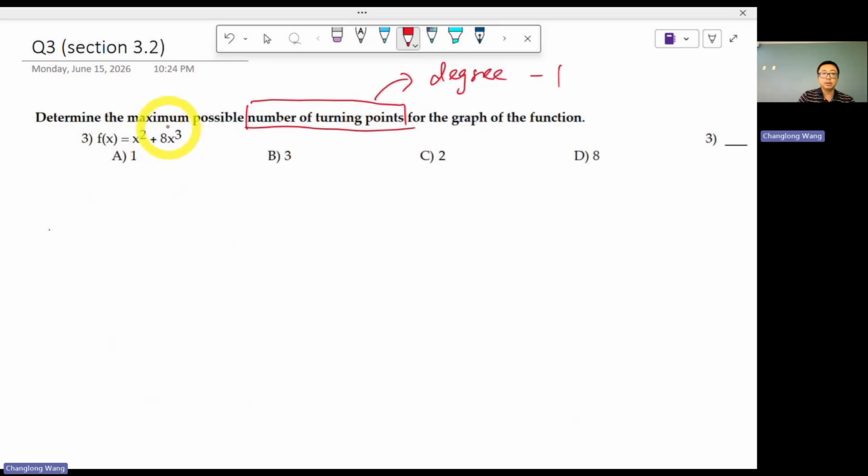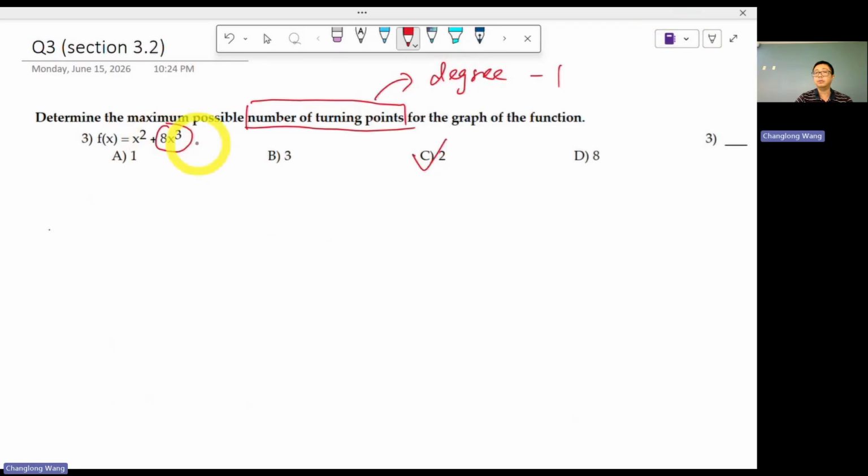In this case, you're looking at the leading term. Notice that the leading term might not be the first term; they might intentionally scramble the order of the terms. So this is degree 3, and therefore, at most, I'm not saying that it must have, you can have 3 minus 1, which is 2 turning points. That's all you have to do.